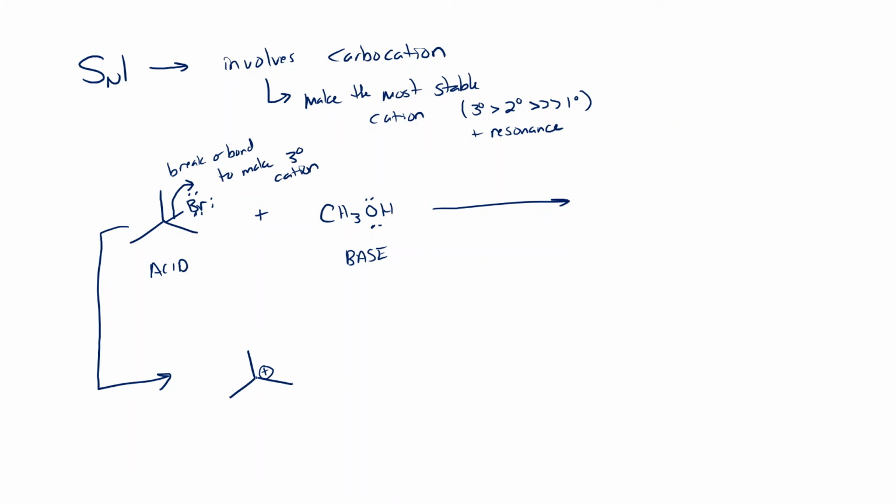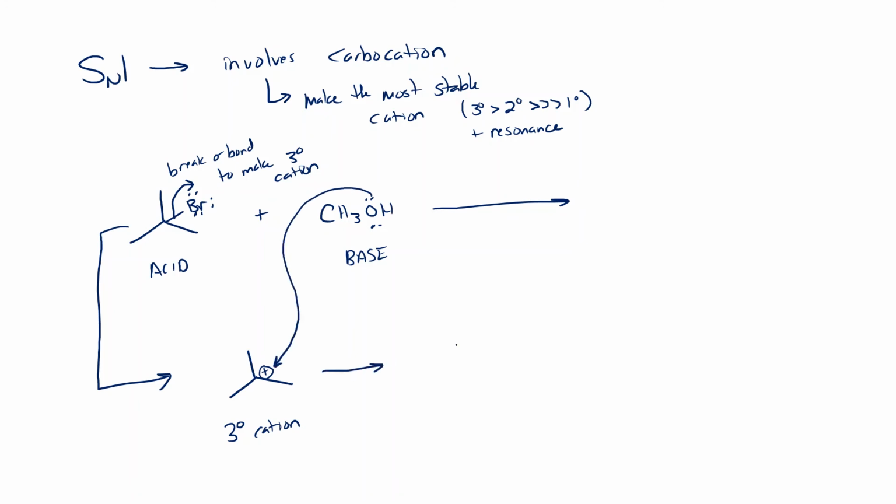Now, once we make a tertiary carbocation, we immediately start to think about what cations can do. When we did additions, we said we have to watch out for rearrangement. Not a problem in this case because it's a tertiary cation, so it's not going to rearrange. And then we can either lose a hydrogen to create a pi bond, or we can have a base come in and react with that carbocation.